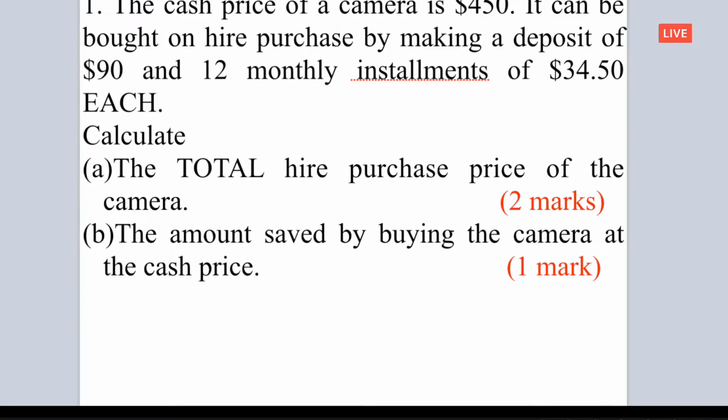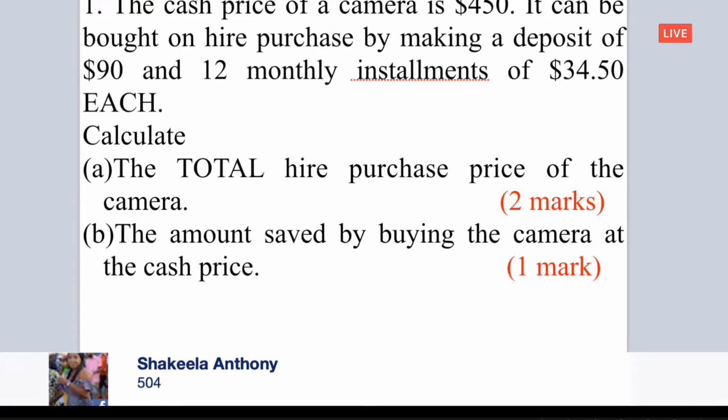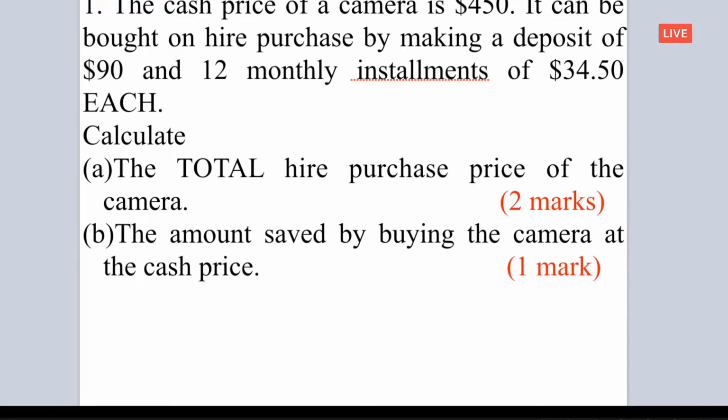Now, you're going to tell me how much you get. So 12 times 34.50. Put it into your calculator. Miss Anthony, try again. Take your time. 12 times $34.50. Try again, Miss Anthony. Let us see if we can get the correct answer. 12 multiplied by 34.50.